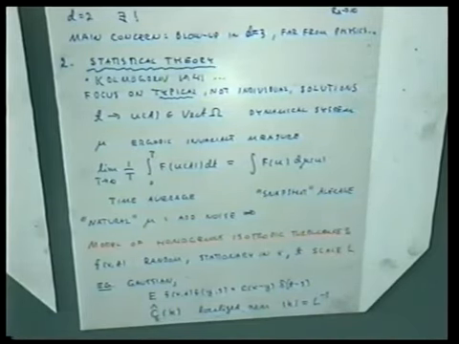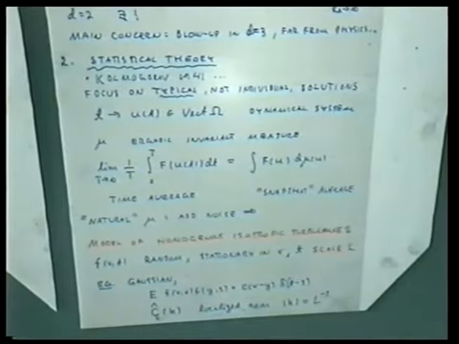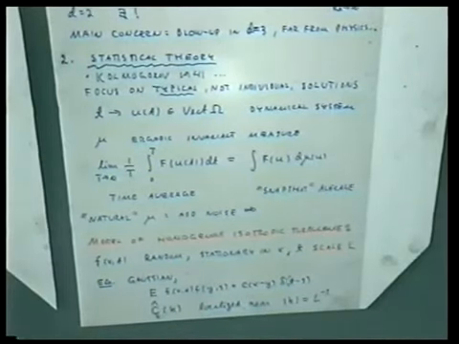For instance, you could take a Gaussian noise, and that's mostly what has been studied in the mathematical literature, with a certain covariance. Never mind too much about that.